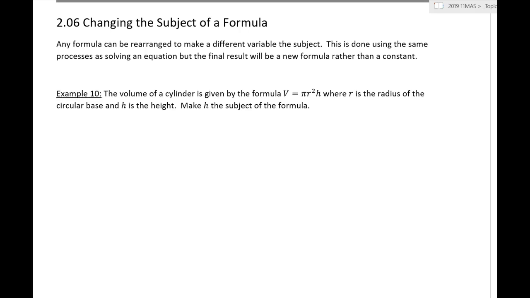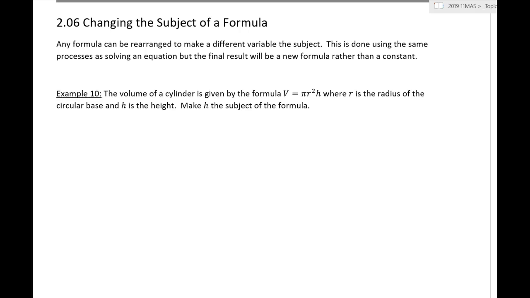Now, in 206, we're going to change the subject of a formula, which is very much like what we've done in 205, where we evaluated a formula where our unknown is not the subject. If we go back to that really simple example, area equals length times breadth, knowing the area and the length, I could find the breadth.